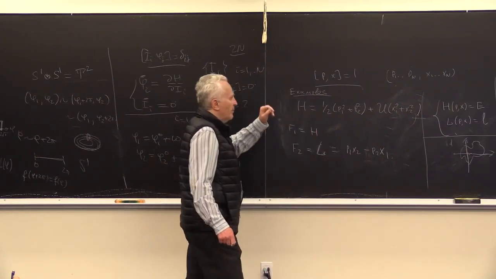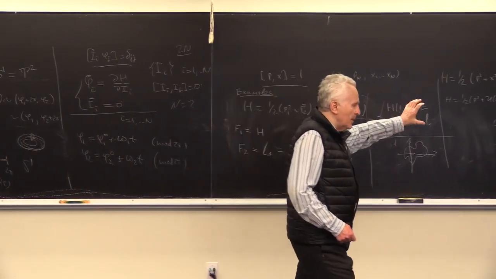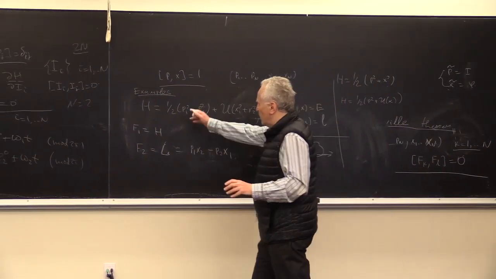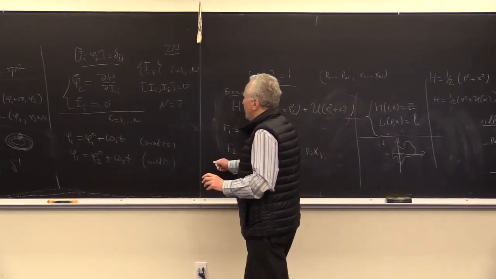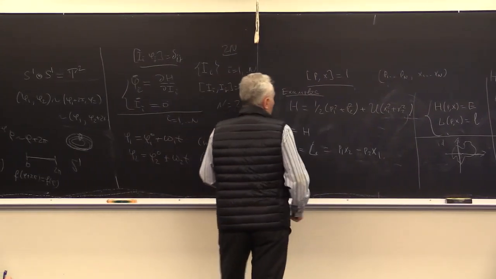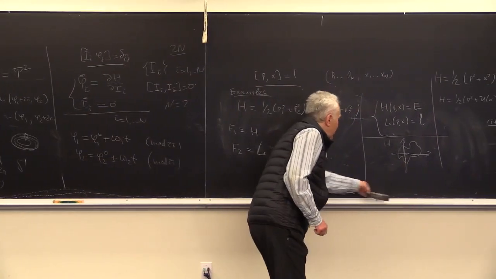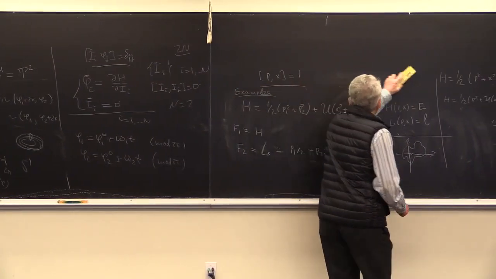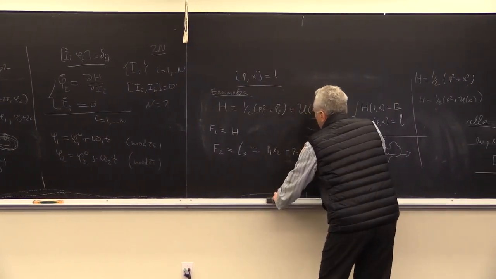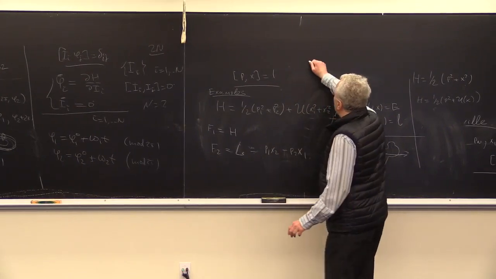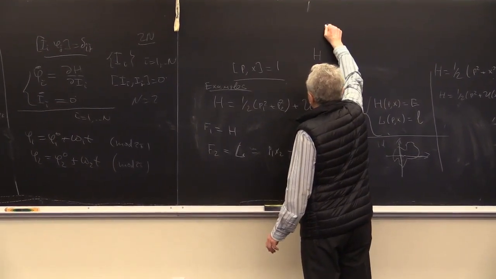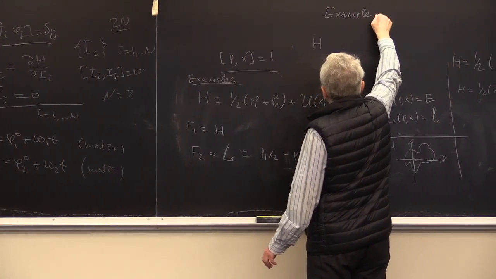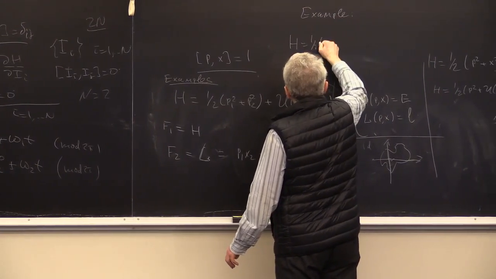Now, one more example. We will study this motion on the torus just a little later. Before that, I give another example. Let's now take six-dimensional phase space. Another example, six-dimensional phase space.